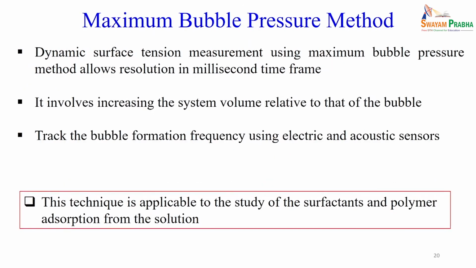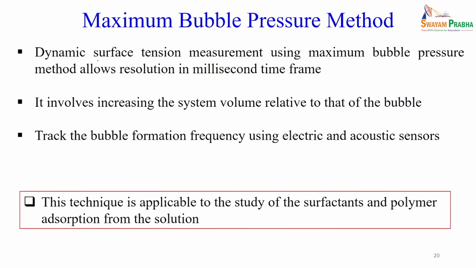The next method is the maximum bubble pressure method. In the liquid we are going to form a bubble, let us say a bubble of air. This method suggests that the pressure required to form the bubble is related to the surface tension, or the interfacial tension.